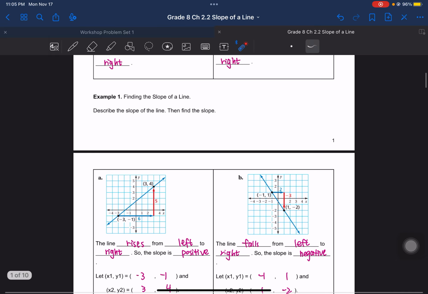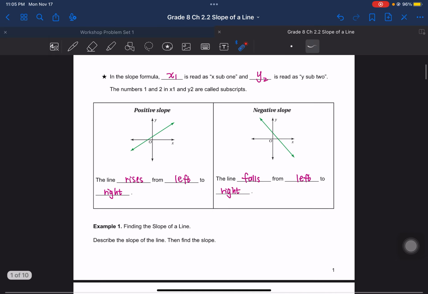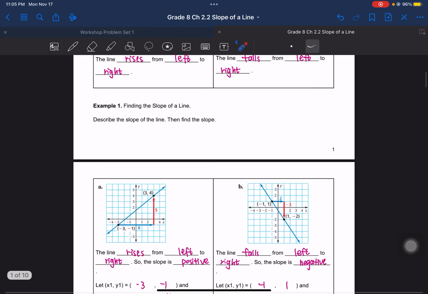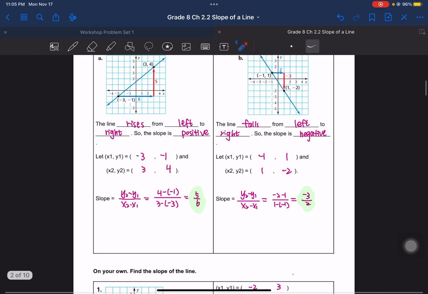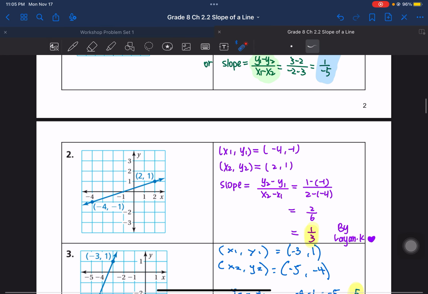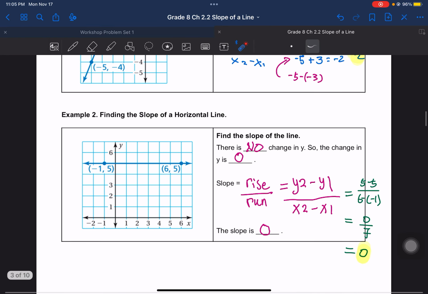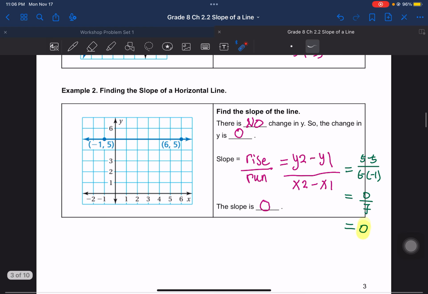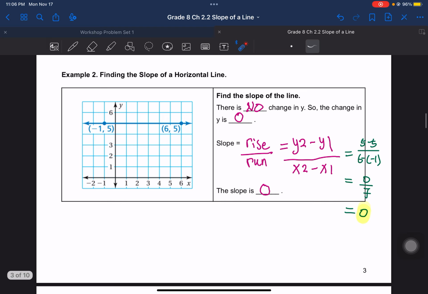And let's see, we already finished the first page, the second page, and the third page. On the third page, the example 2, we have a special situation where we have a horizontal line.